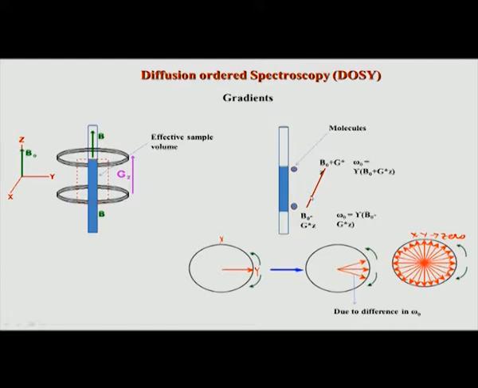You can also say that we have created an additional chemical shift along the sample. The same molecule is now spread over a large chemical shift range, because each part of this sample has a different omega 0. So, the molecules do not stay in phase, they start to dephase, similar to what you see in T2 relaxation. But this is an induced dephasing and not a random dephasing which happens in the T2 case.